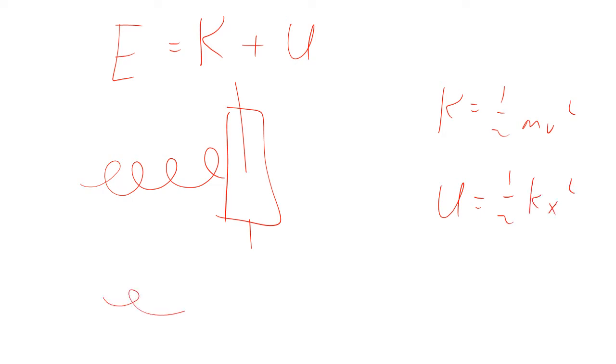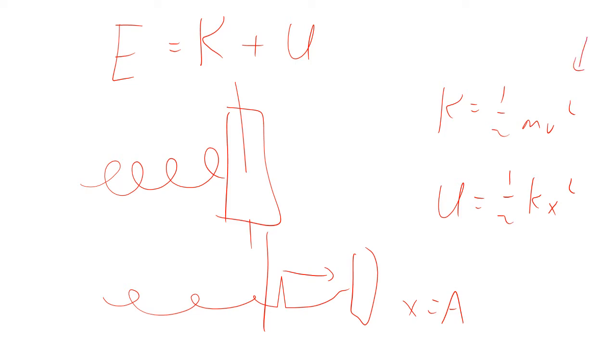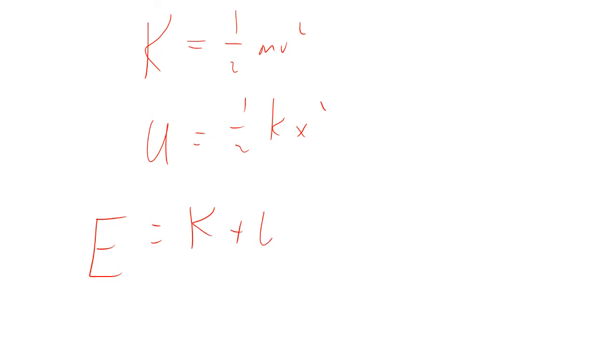We also know that when this is at its extreme, when x equals A, the amplitude, it momentarily stops, so the velocity is 0. And so the total energy is going to be K plus U.